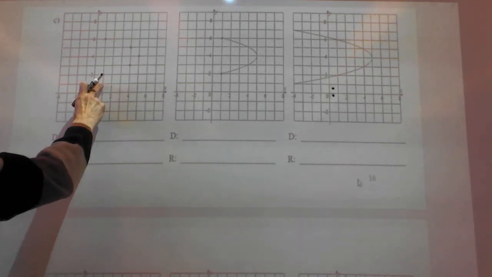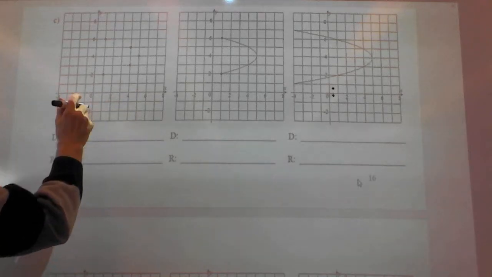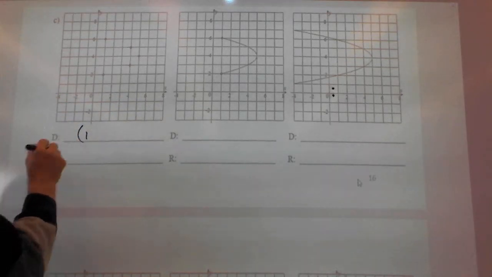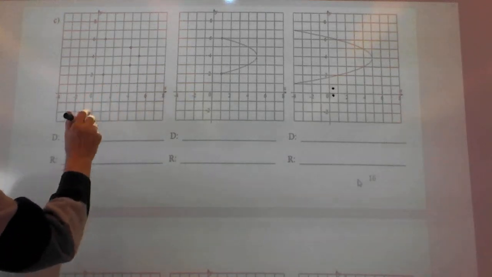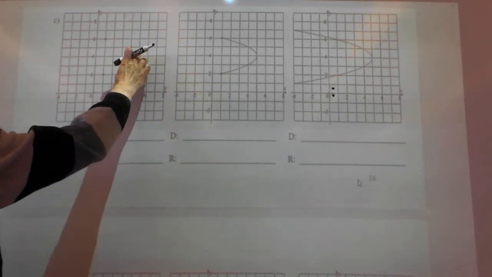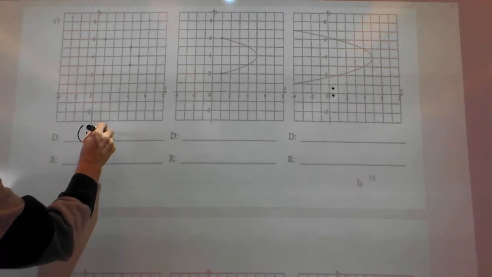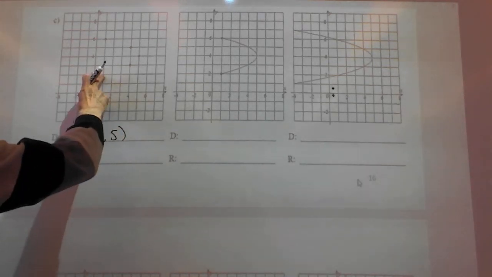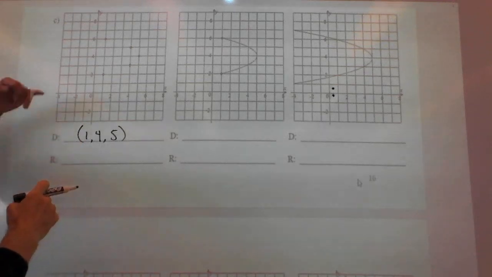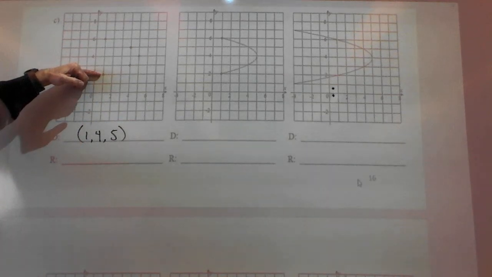You can see we have a point here that has an x value of 1. The next point has an x value of 4, and the final point has an x value of 5. With the y values, if you take a look, they are consecutive.